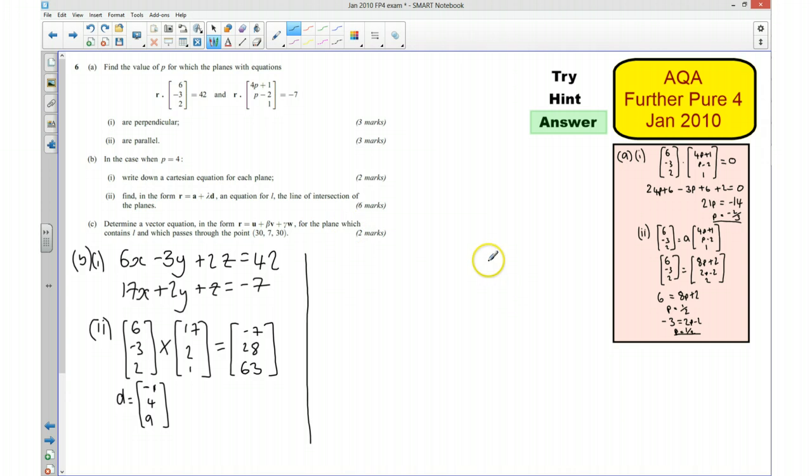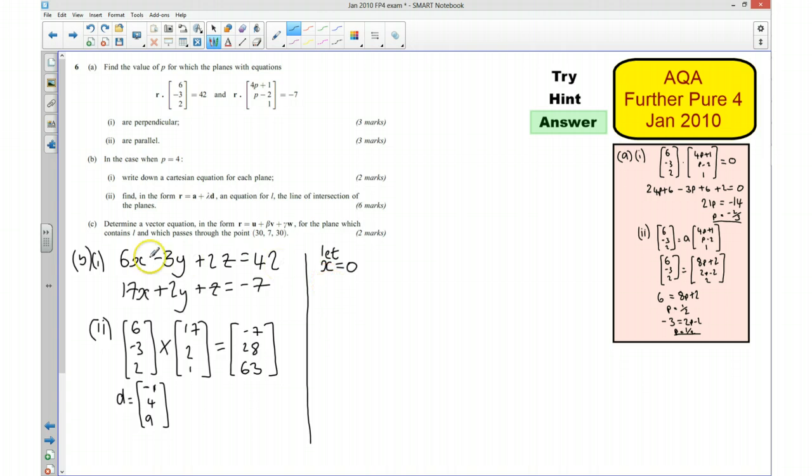I'm going to choose my x coordinate to be 0. So I'm going to let x equal 0. And as long as this line passes through a point where x is equal to 0, I should be able to solve this equation and get some unique answers for y and z.